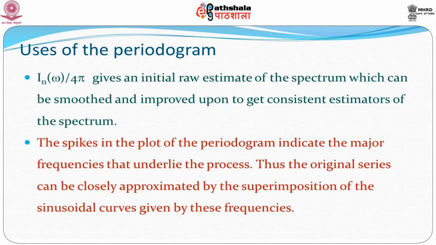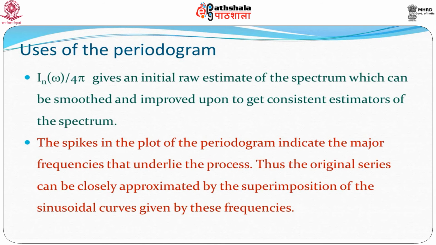But the other thing that the periodogram does is it gives us a rough idea of what the variability of the underlying process is. The spikes in the plot of the periodogram indicate the major frequencies that underlie the process, and hence the original series can be closely approximated by superimposition of the sinusoidal curves given by these frequencies.